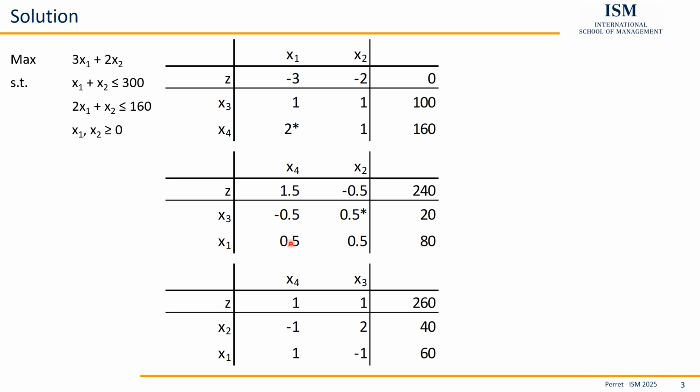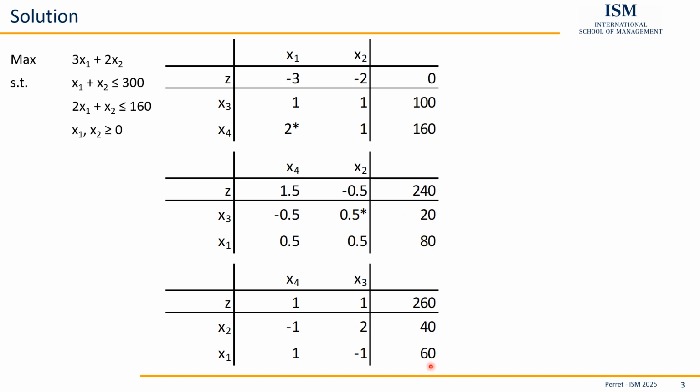For this value down here, well, I could calculate this, but since I have this one and they're both positive, I know that I arrived at my optimal solution. So I do not actually have to calculate this value here because I will not need this. What I, however, have to do is this value and that value. So for this value, I have 80 minus 1/2 times 20 divided by 1/2.